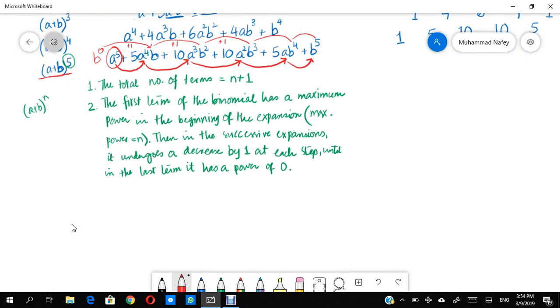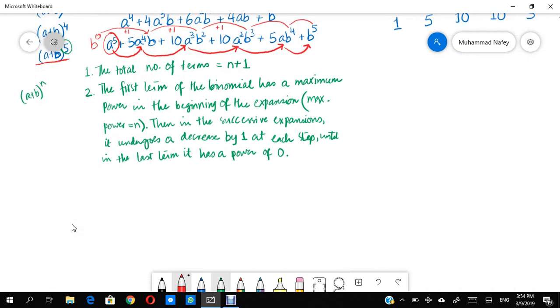So what's happening here is that the second term of the binomial has a power of 0 in the beginning of the expansion.